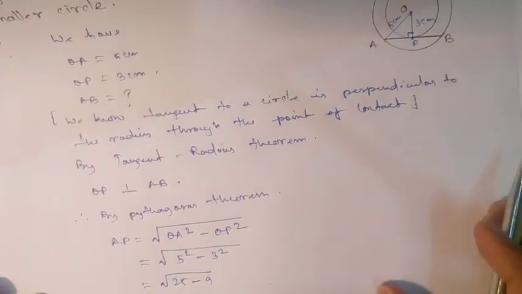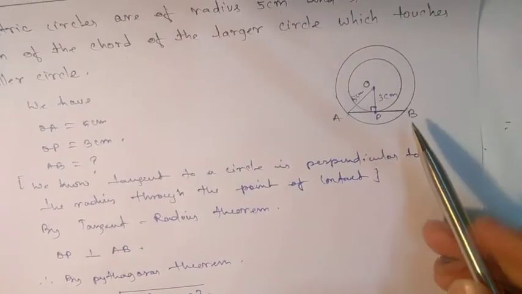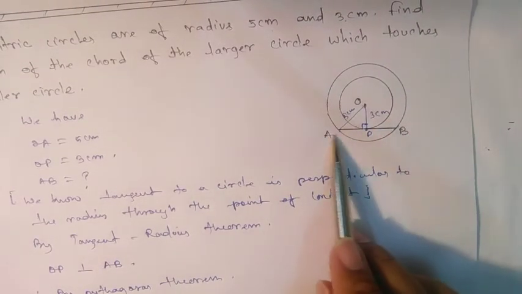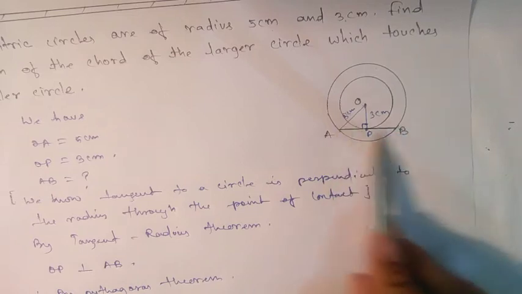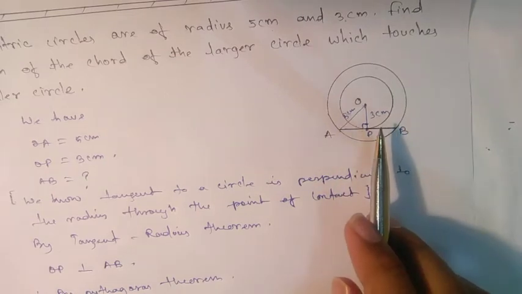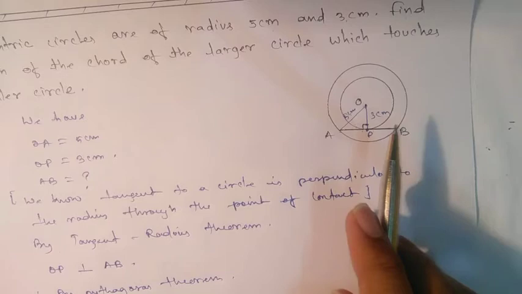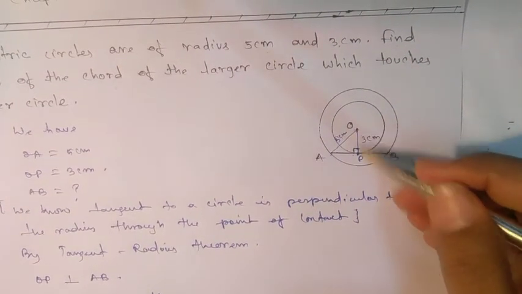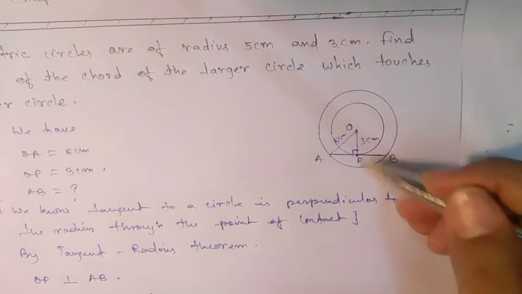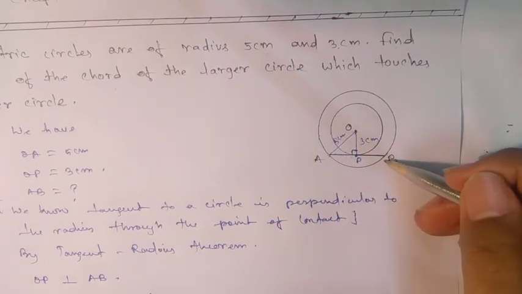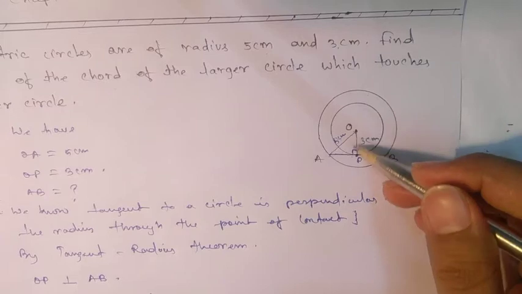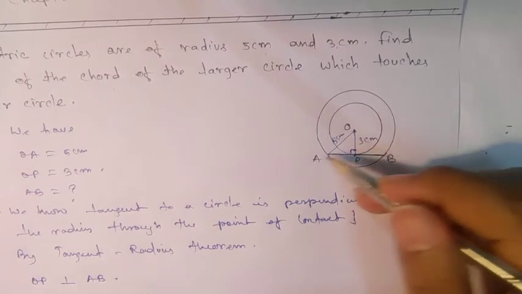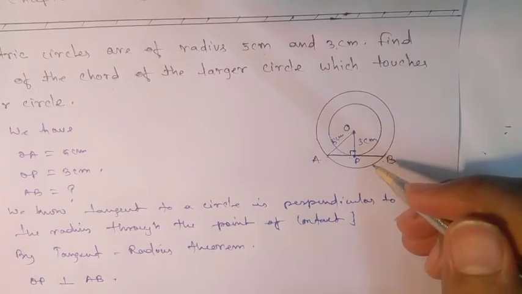Now what are they asking us to find? We have the AP value, so how are we going to find AB? We remember from class 9 that the perpendicular from the center to the chord bisects the chord.